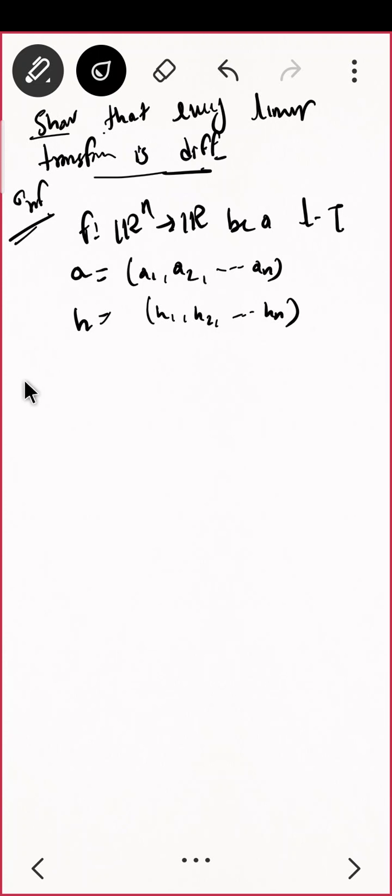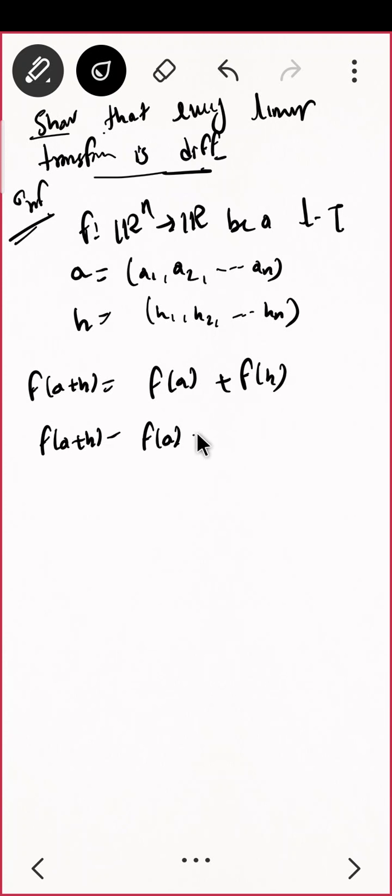But here, see, f of E plus H, what will it be? Since f is a linear transformation, this will be f of E plus f of H, correct? And if you want to find f of E plus H minus f of E, that will be just f of H, correct? So that means f of H is already a linear function, so I have to define T of H equal to f of H.